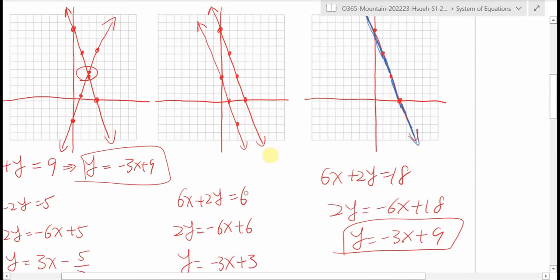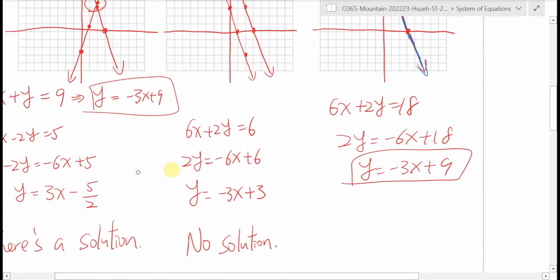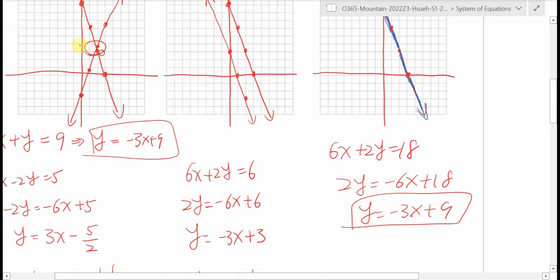Now, we said that the point of intersection is the solution. In this case, we have many points of intersection. Essentially, every single point is a point of intersection. So what do we say then? For the first one, we can see that there's one solution, one point of intersection. For the second one, there isn't any.